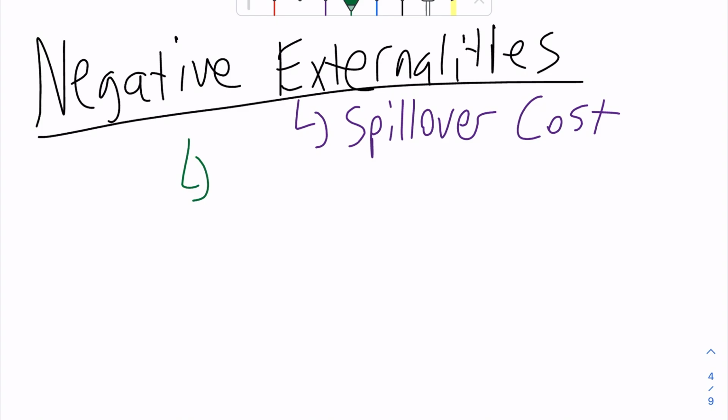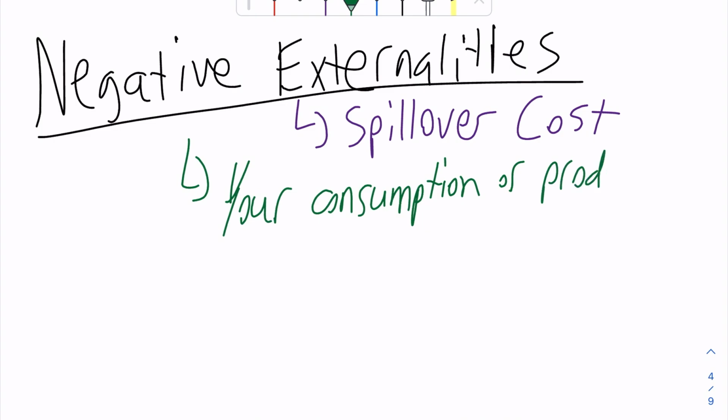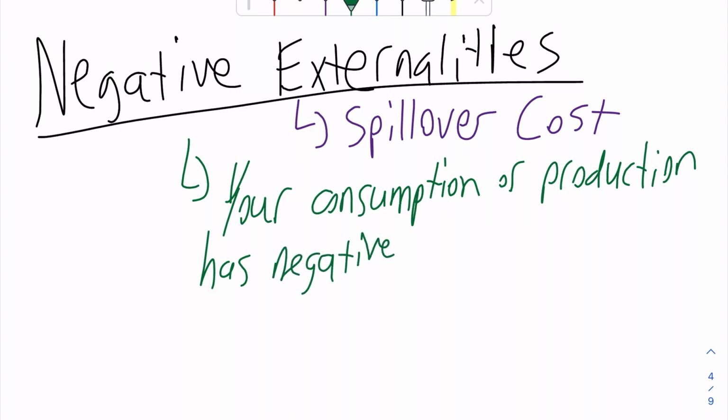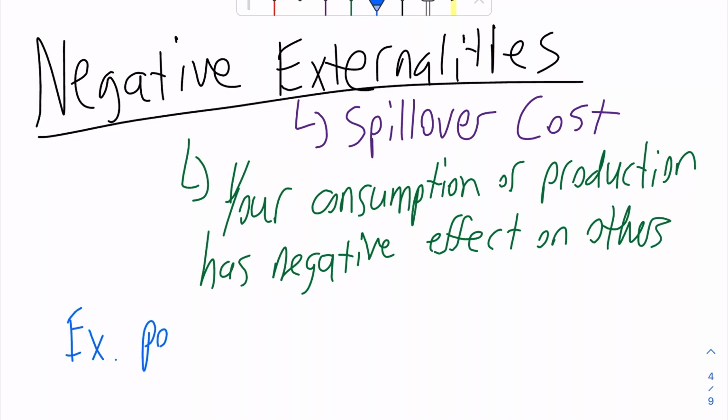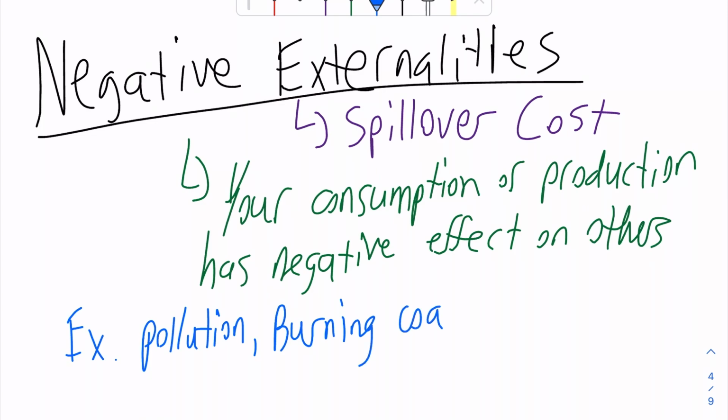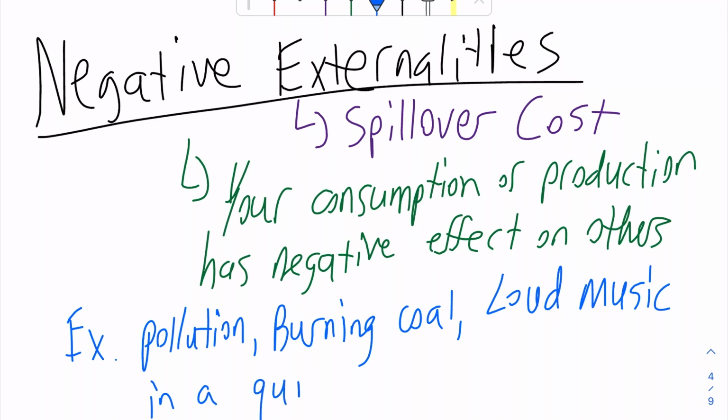A negative externality is when your decision, so your consumption or production, has a negative effect on others, such as pollution, burning coal, or even loud music in a quiet neighborhood.